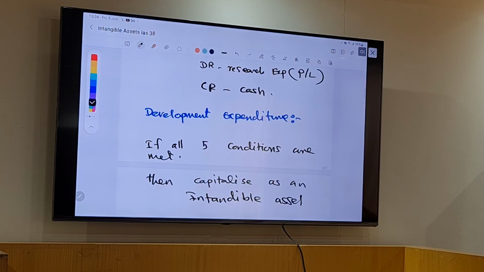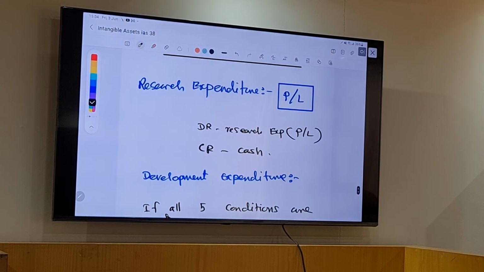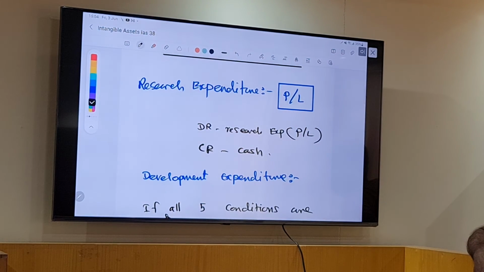These two cases. And the first one is research expenditure. And why cash here? You need to pay by cash, no? Any expenses, the credit is cash. Yeah, exactly.